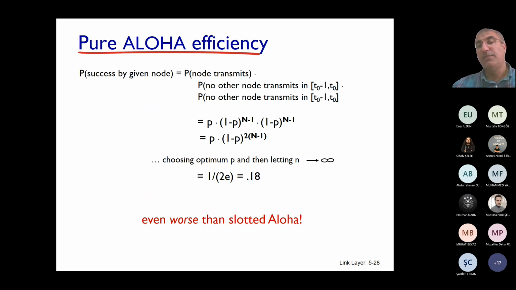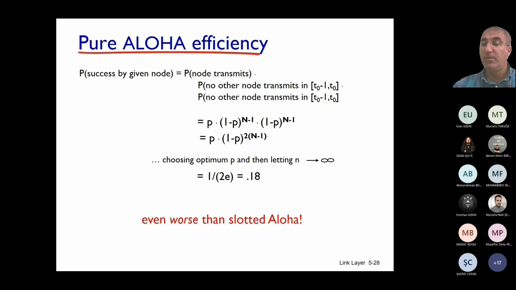Let's look at the efficiency of this protocol. The probability of success by a given node is equal to the probability that the node transmits times the probability of no collision with the previous and the next one. After all this mathematical calculation, you end up with 18%, which is almost half of the previous, which was 37%. Even worse than slotted Aloha.